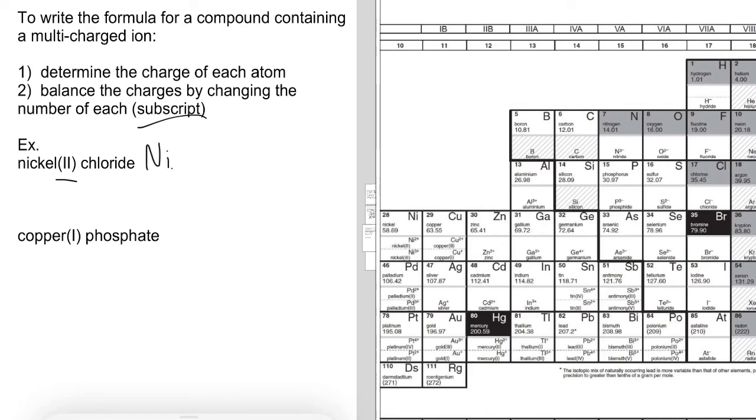So we have Ni, and it's telling us 2 plus. It's not saying that we have 2 of them, it's telling us the charge is 2 plus. Chloride we know is Cl minus, so we're going to need 2 of those. One electron is passed over to chlorine there, and the other electron it's willing to give up goes there. So in our formula, we only have 1 nickel, Ni, and we had 2 chlorines, NiCl2. Not so bad.